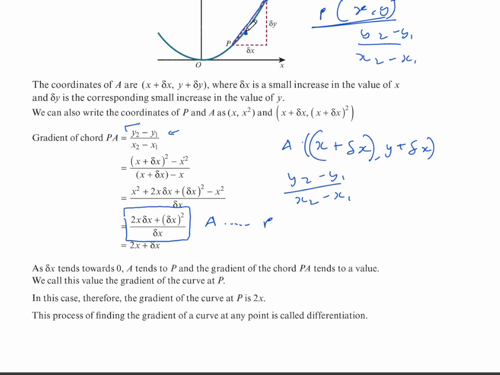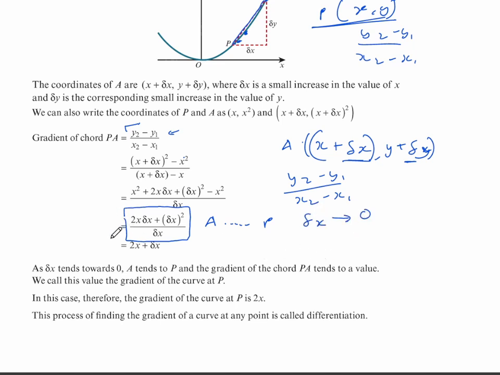Suppose it comes closer and closer and closer. What is happening to that delta x and delta y value is that it is approaching 0, because that A is coming closer and closer to P. Therefore, their coordinates are also getting closer to each other. So this delta x is getting closer to 0.